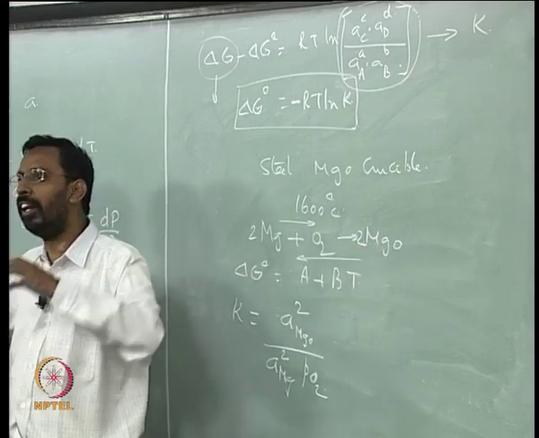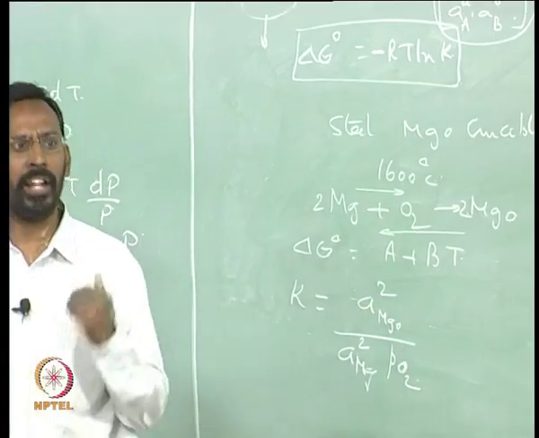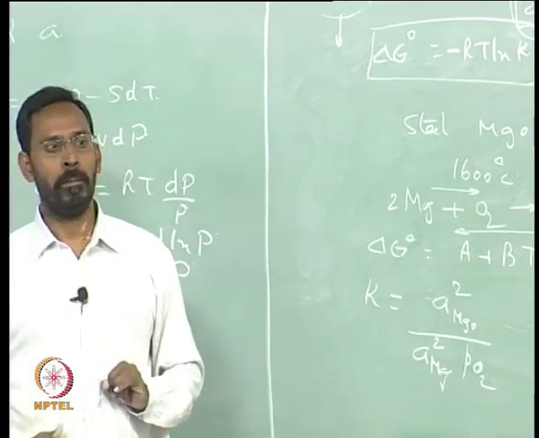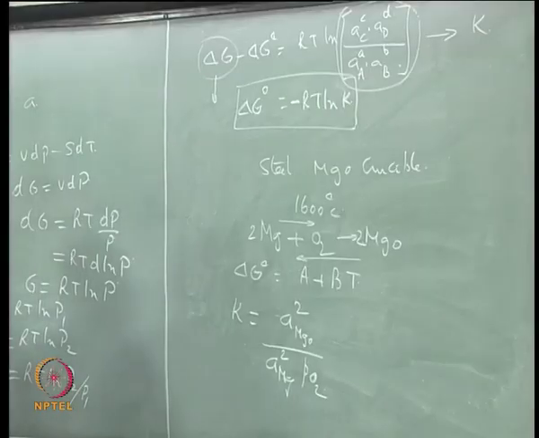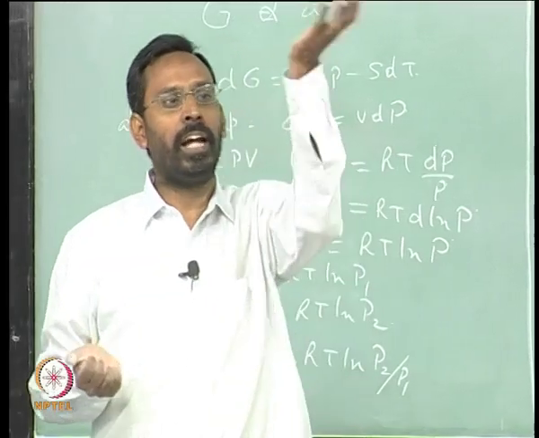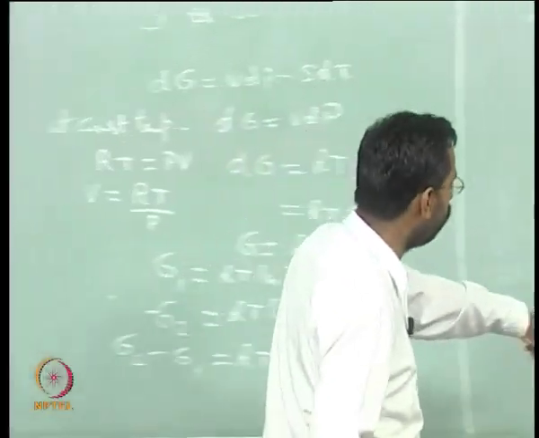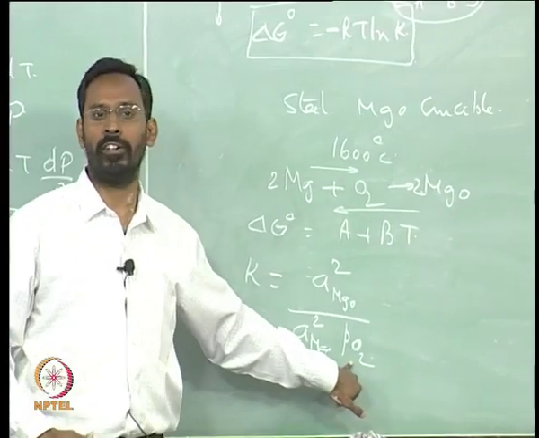If the oxygen content inside the furnace is lower than the PO2 of the reaction, then the system would go in such a way that oxygen is created in the process, so that it maintains the oxygen partial pressure inside the furnace equivalent to the equilibrium oxygen partial pressure.